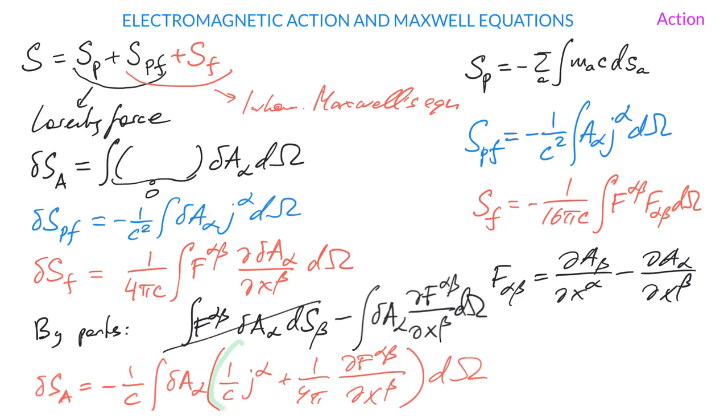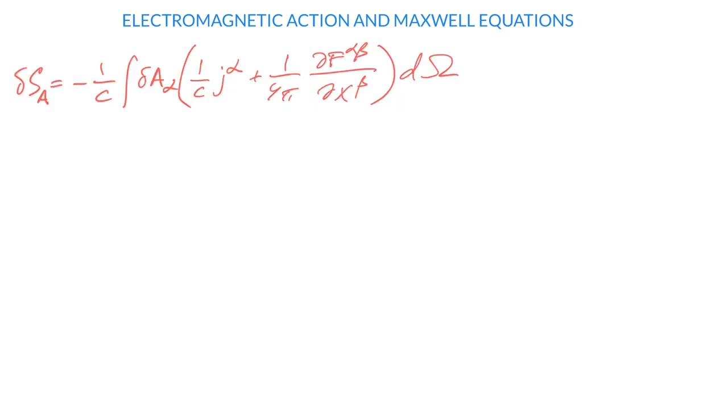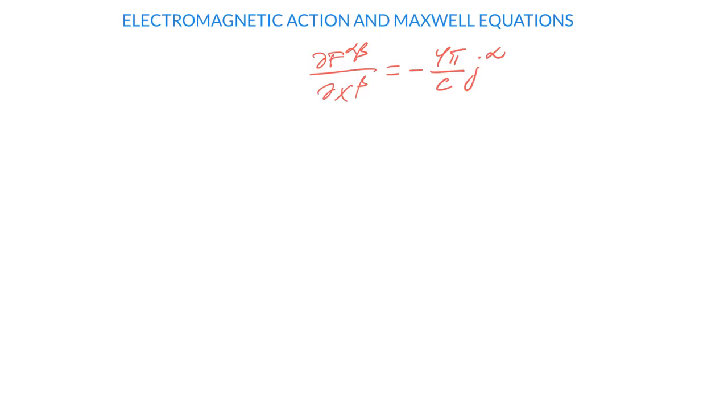So whatever sits in the brackets here has to vanish, and that will be the equation of motion. So this must be 0, and therefore the bracket is 0. With a slight rearrangement, we can take the current to the right-hand side, and this is the final expression.